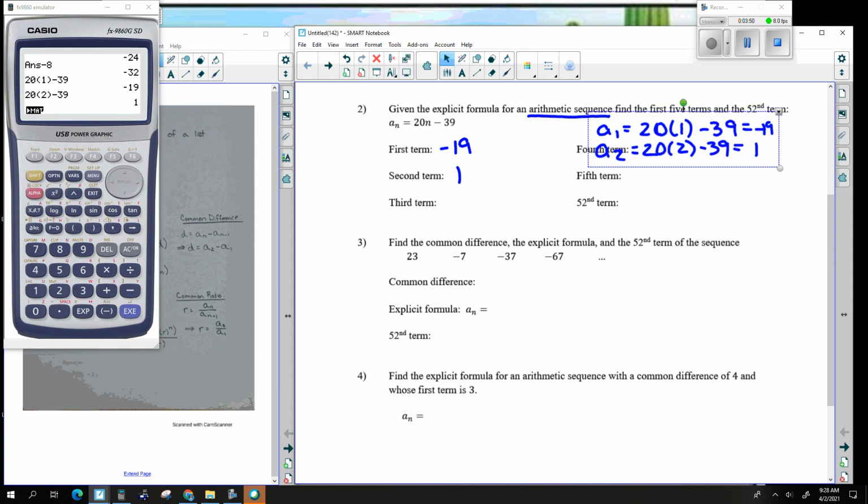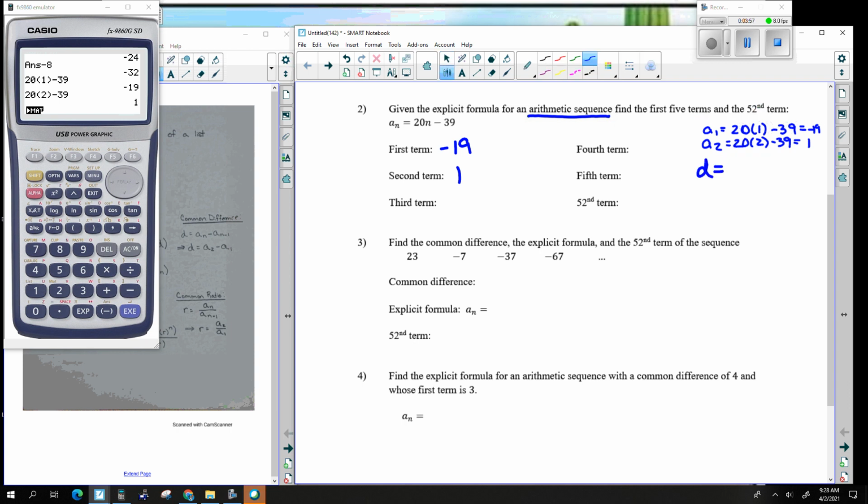Because I'm adding to the next, I see that common difference is 1 minus negative 19, aka 20. So what I'm doing is I'm adding 20 every single time.